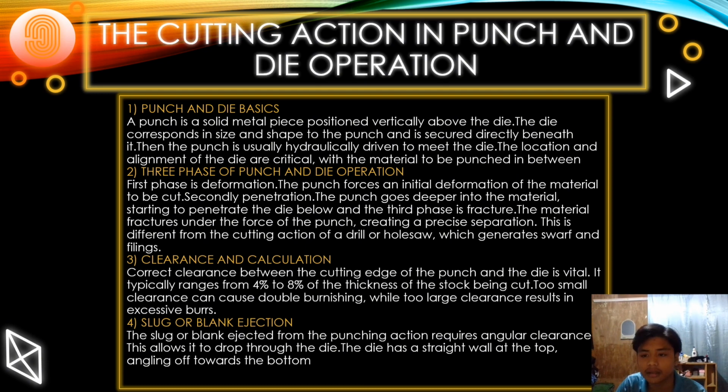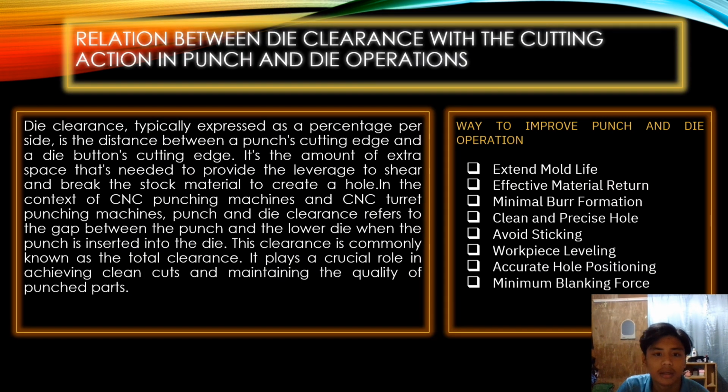Okay, next. Relation between die clearance and the cutting action in punch and die operation. Die clearance, typically expressed as a percentage per side, is the distance between a punch cutting edge and a die button's cutting edge. It's the amount of extra space that's needed to provide the leverage to shear and break the stock material to create a hole.